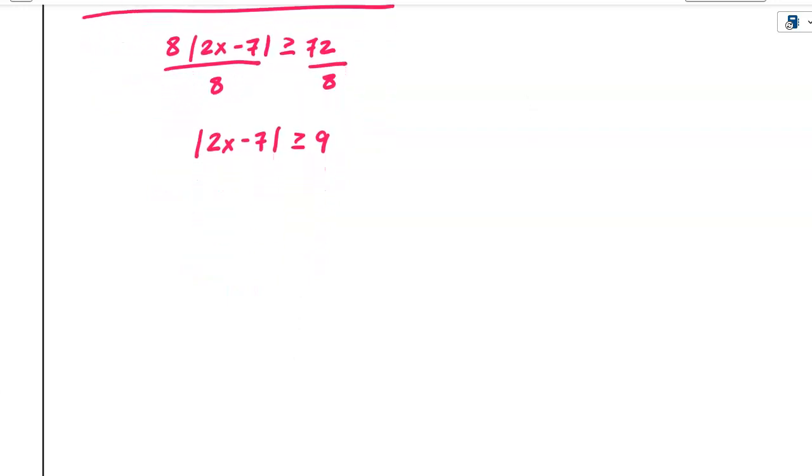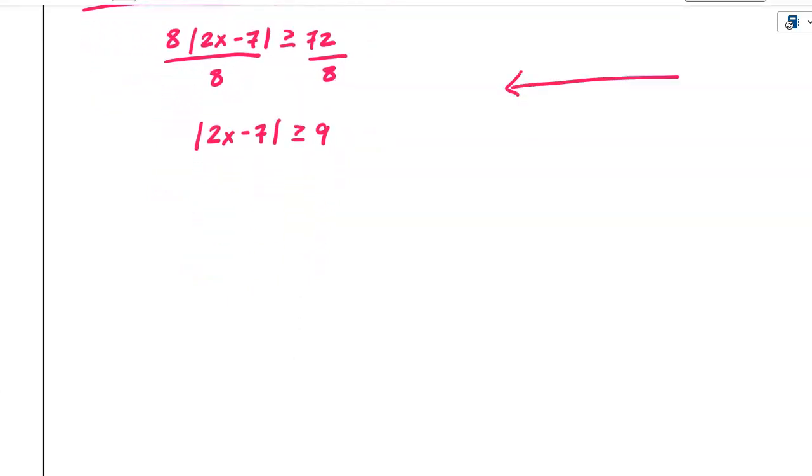Now greater than or equal to, meaning if I take a look at the distance away from 0, the distance has to be greater than 9 on both sides, so greater than -9. So it's going to be an or. 2x minus 7 is greater than or equal to 9, or 2x minus 7 has to be less than or equal to -9.